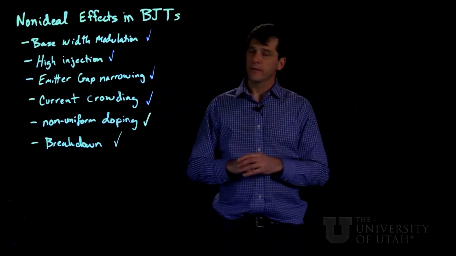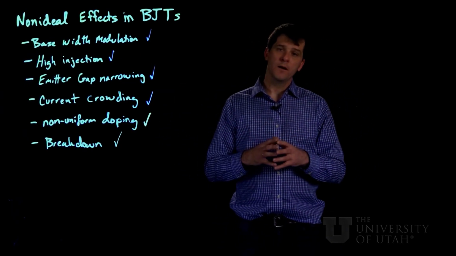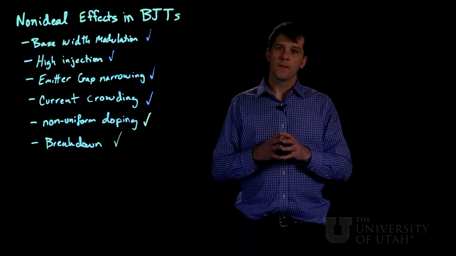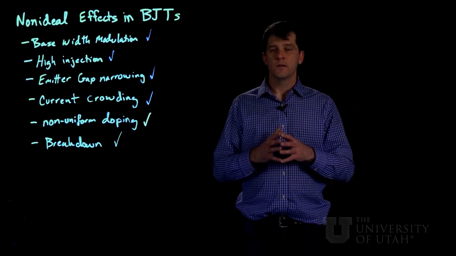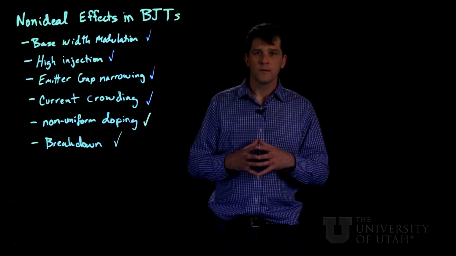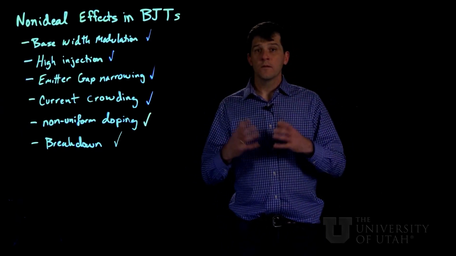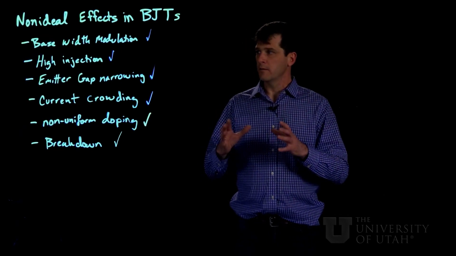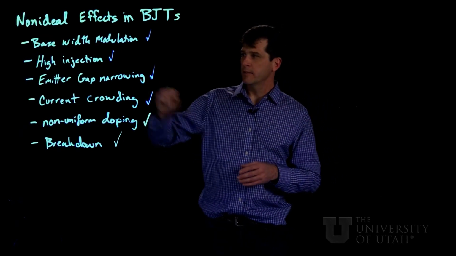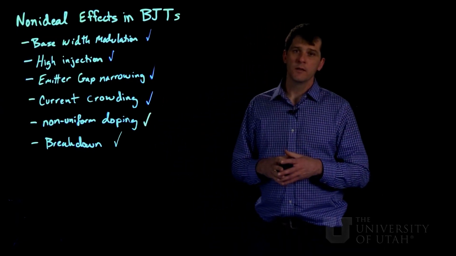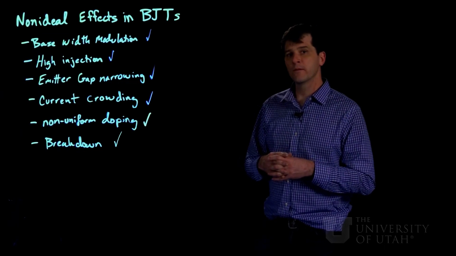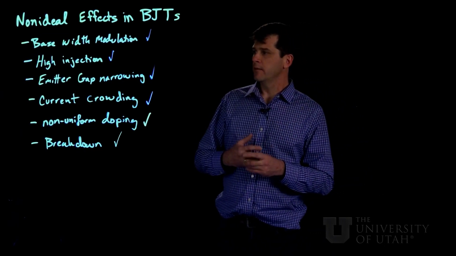So again, base width modulation and the early effect end up making the impedance of the transistor non-infinite and reducing the ideal performance. High injection conditions should generally be avoided because they end up degrading the performance of the BJT.